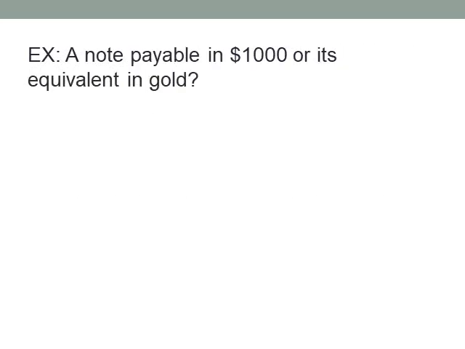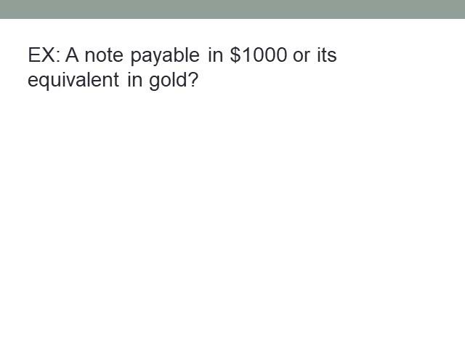A note payable in $1,000 cash or its equivalent in gold. This is going to be a problem. It has to be payable in money per the UCC: instruments payable entirely in money. The UCC defines money as the medium of exchange authorized or adopted by a domestic or foreign government as part of its currency.